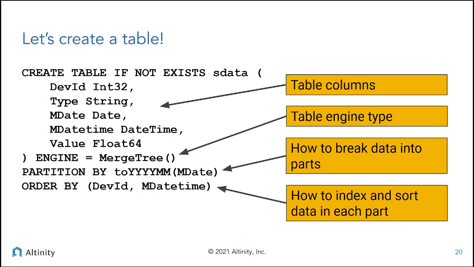But these are your table columns. So you have your name, you have your type. It's all pretty straightforward. Yes, the types are different, but you get used to them in about 3 minutes and you're ready to go. One thing I should mention is that ClickHouse has very good support for types like arrays and maps, so structured data types. We're not going to talk about those in this talk, but they are there and they're very powerful.